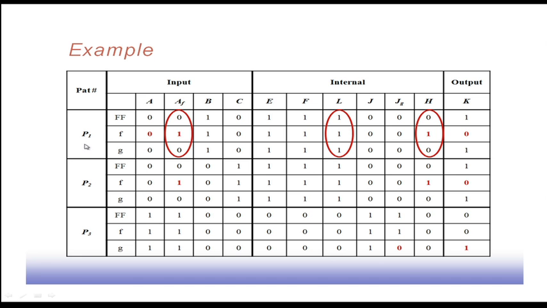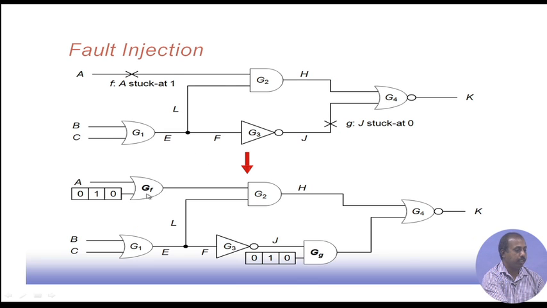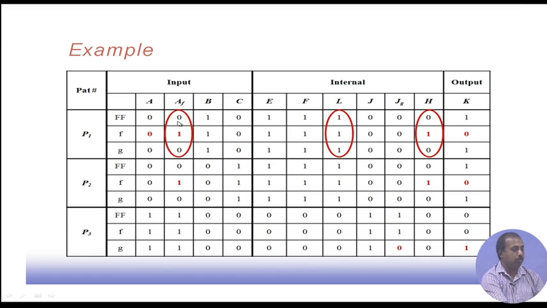So, this is the situation. Suppose I have this pattern P1. Under fault free condition, A is 0, B is 1 and C is 0. Now, under the occurrence of fault F, A will become equal to 1, and this will become equal to 0.